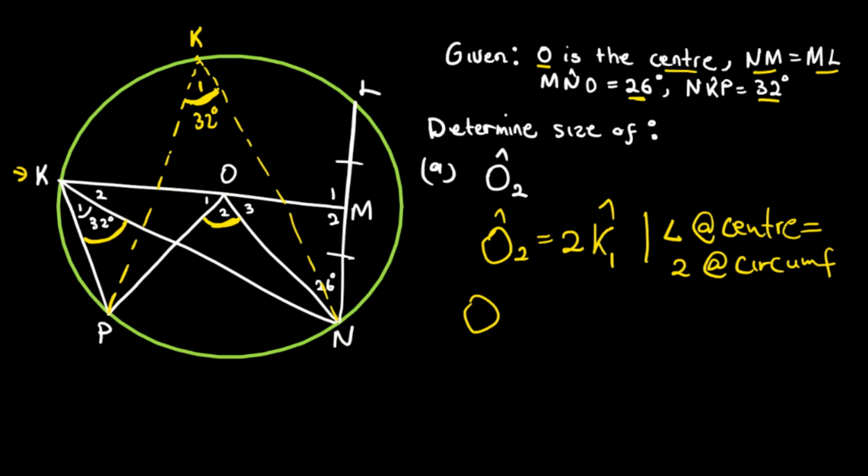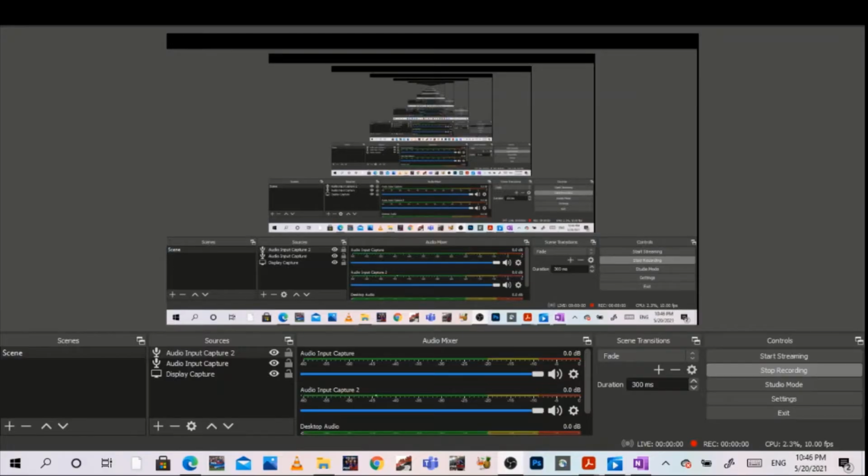So O2 is equal to 2 times K1. K1 is given as 32 degrees, and when you multiply by 2, it's going to give you 64 degrees. So this is angle O2.